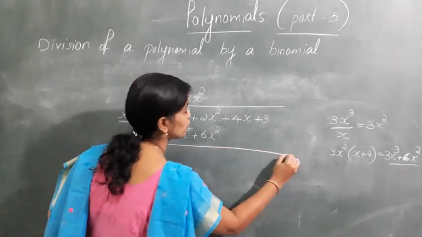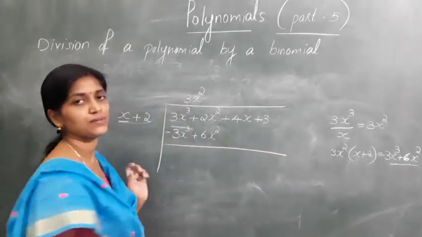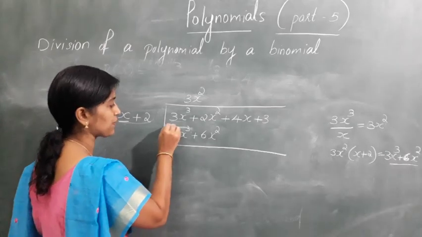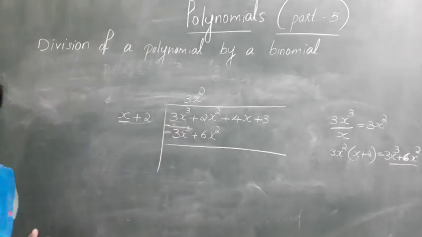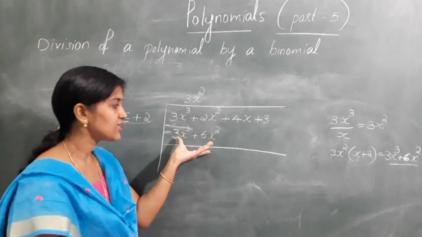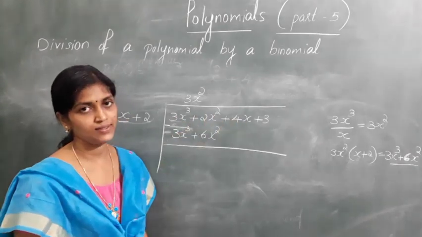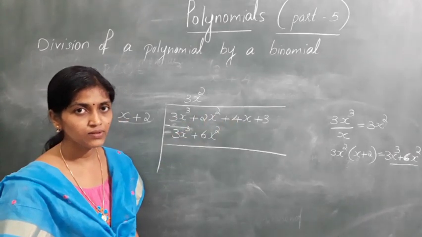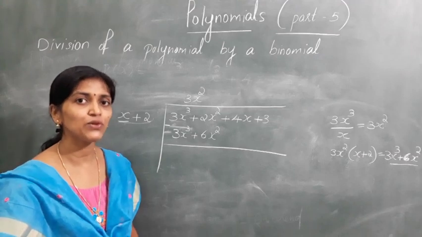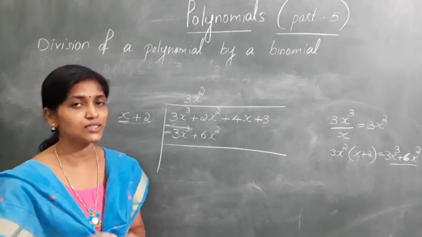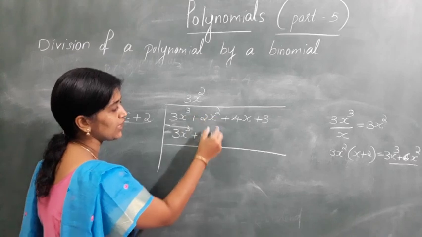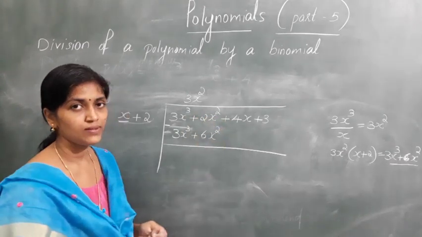Next, you have to subtract. Okay, we'll put the subtraction sign here. You have to subtract this from the dividend. Is it clear? We will subtract only like terms, that is why I told you to put the like terms together.